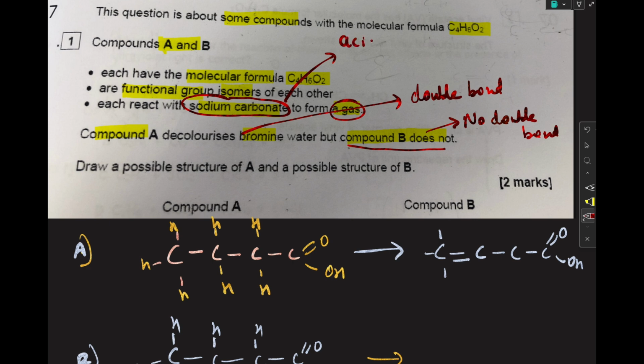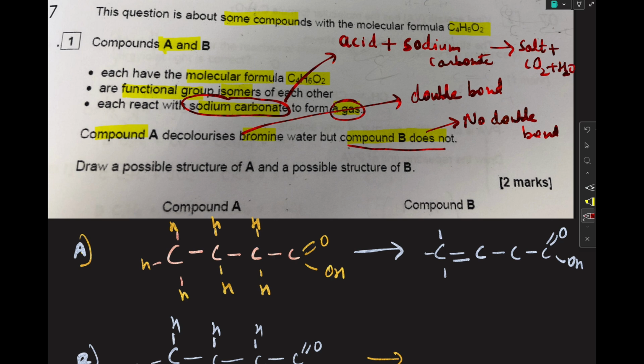So the general equation, if you remember from GCSE, is acid plus sodium carbonate, or metal carbonate, will form salt, carbon dioxide plus water.